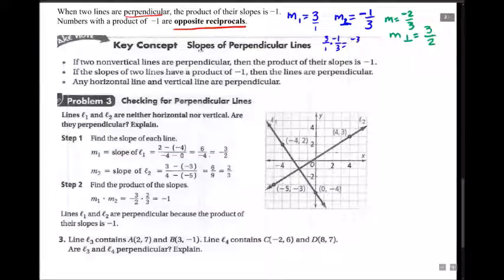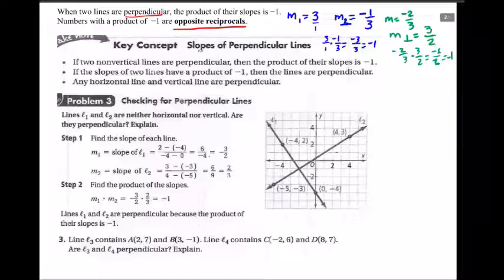This would be a negative 3 over 3, which is just negative 1. If we do a negative 2 over 3 times positive 3 over 2, we could cross cancel, or just negative 6 over 6, negative 1. Cross canceling is good.